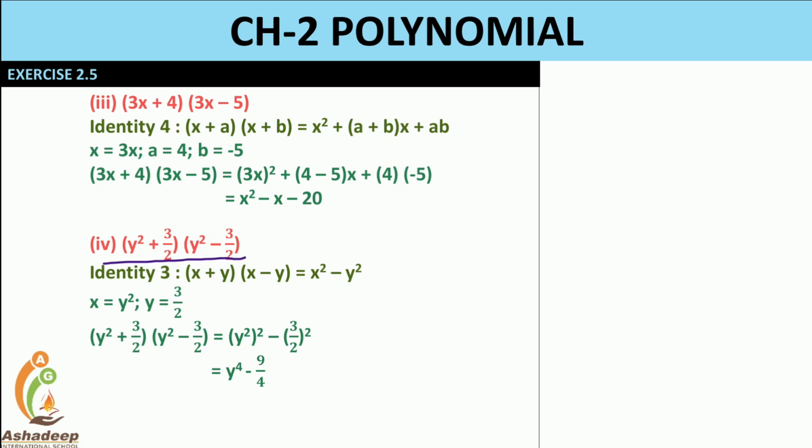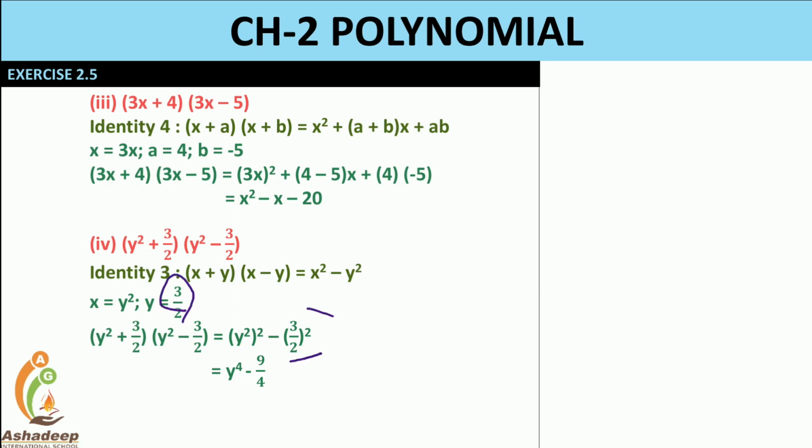Okay, in this sum, this is the identity 3. x plus y, x minus y is equal to x square minus y square. But instead of x, we have a y square, and instead of y, we have a 3 by 2. So wherever you find x, we need to put the y square, and wherever you find y, you need to put the 3 by 2.